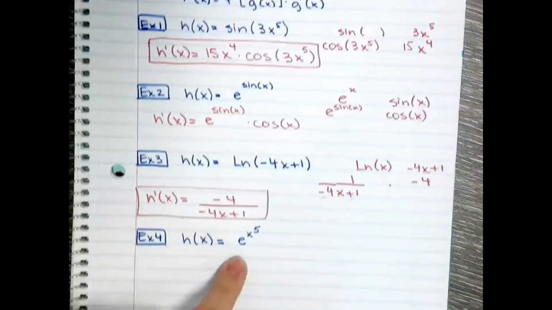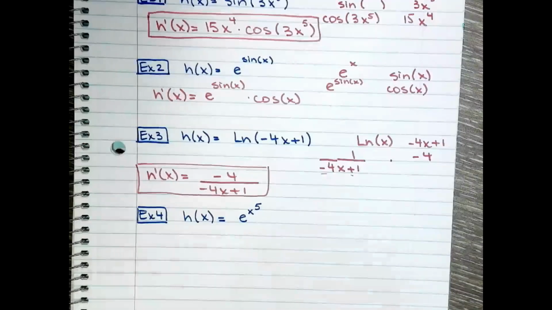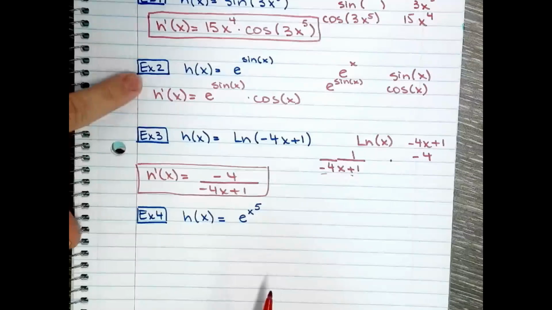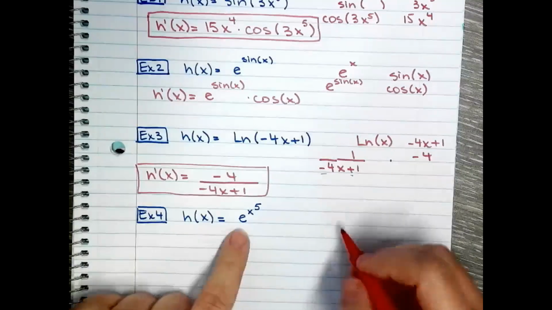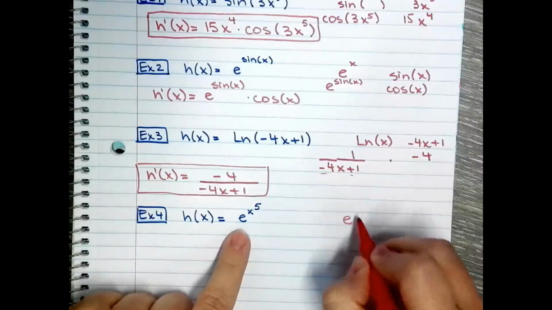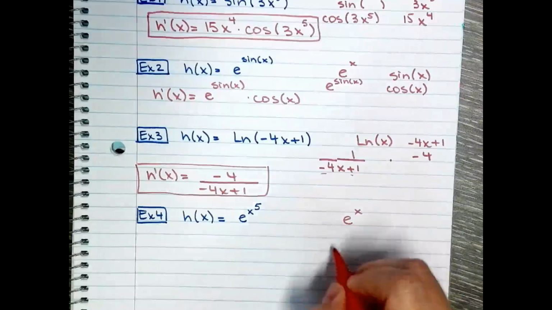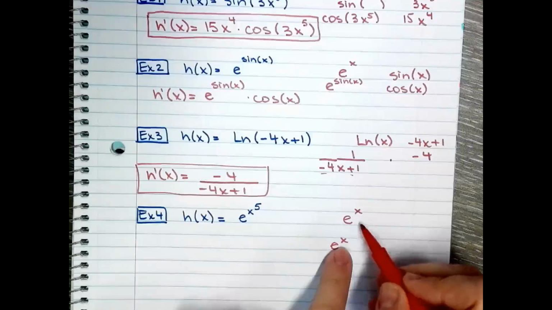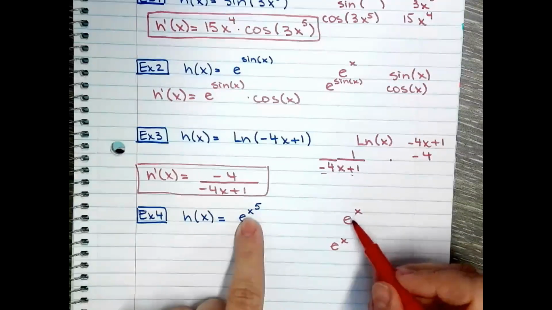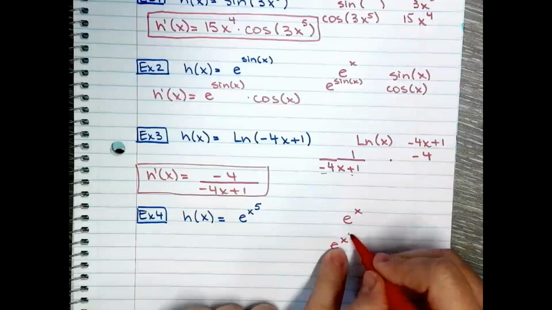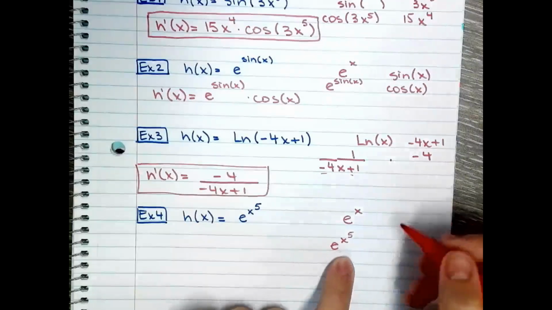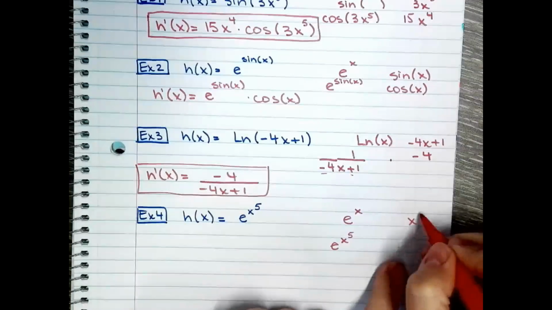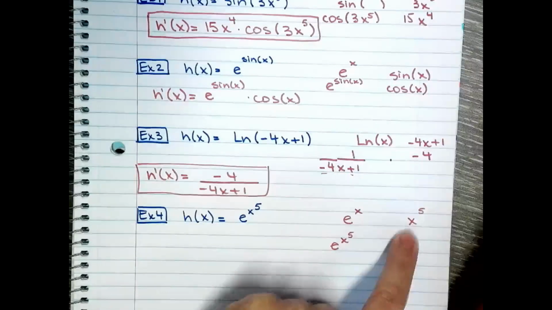Now, the last one looks funny, but it's not bad. It's very similar to example 2. The derivative of e to the power of x is just e to the power of x. But my function here is not just x, it is x to the 5th power. So now I have to find the derivative of x to the 5th power.